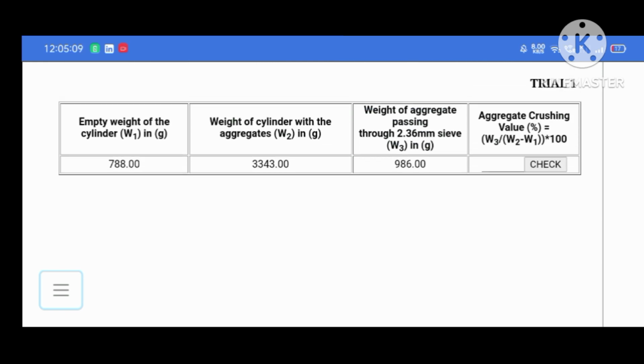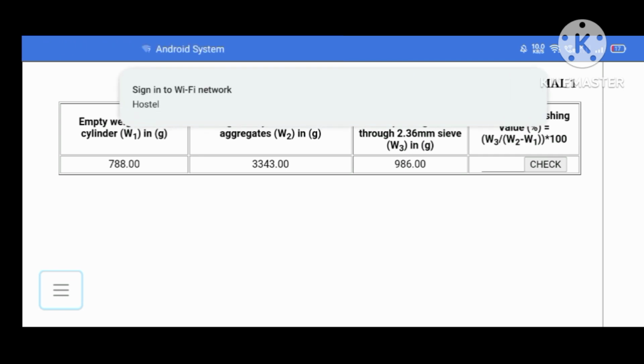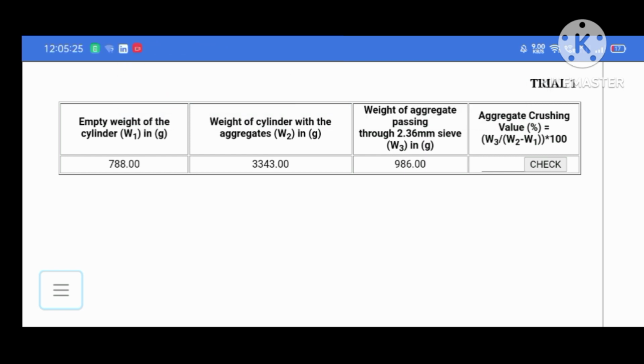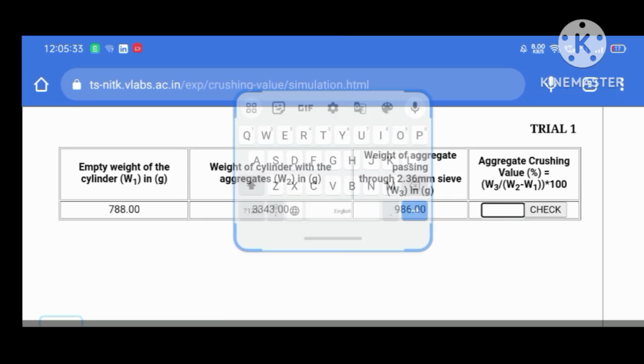Now what will be the result here? Using the calculator we should calculate: 986 into 100 divided by 3343 minus 788. That will be 38.59.